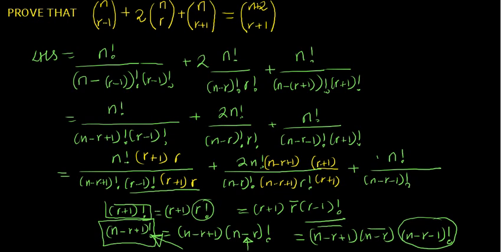So we're going to do it on top and down. We're going to multiply on top by n minus r plus 1 and then n minus r. What we do on top, even down, n minus r plus 1 and then n minus r.